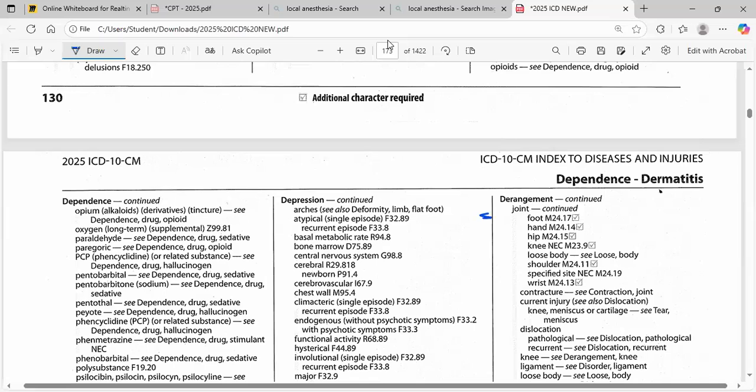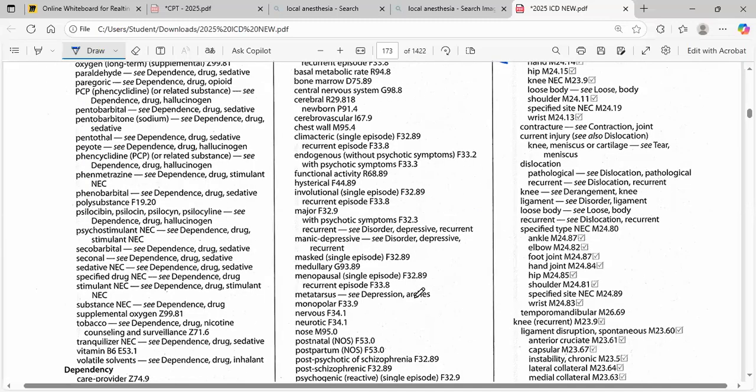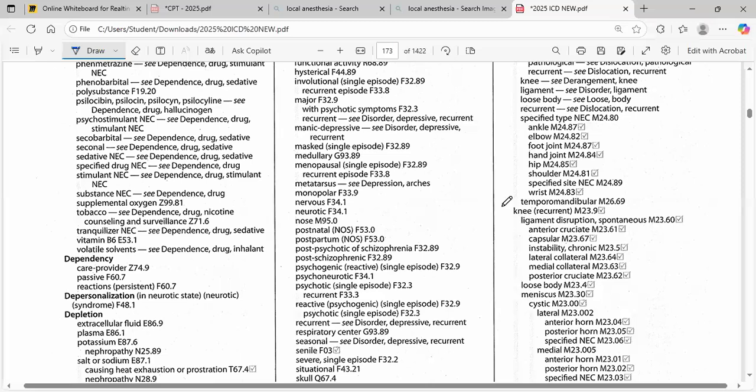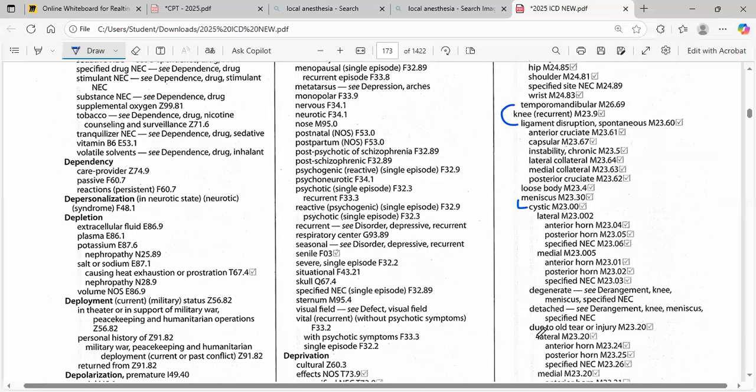Under the derangement, we have to refer the knee. So it's J. Here we go. Knee. Under the knee, we have to look for meniscus, followed by due to old tear. So under the meniscus, we have to look for due to old tear.